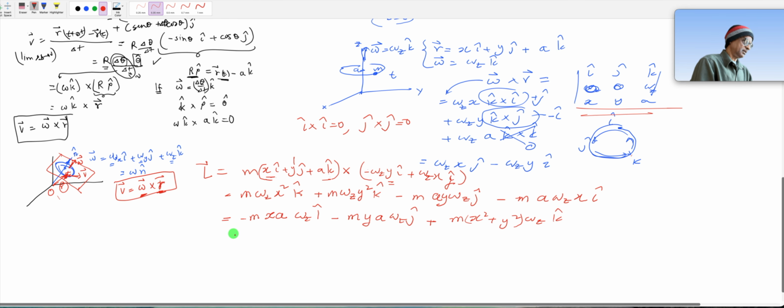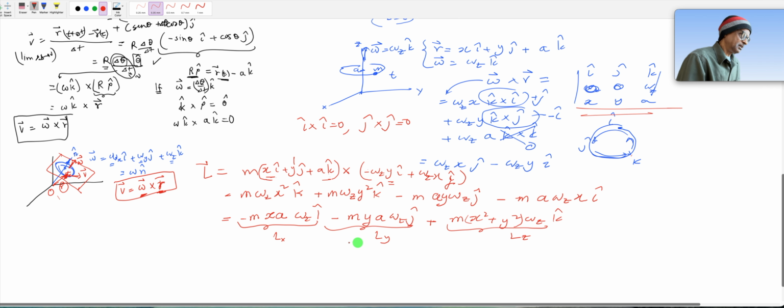So in this case, this is going to be Lx, and this will be Ly, and this will be Lz.